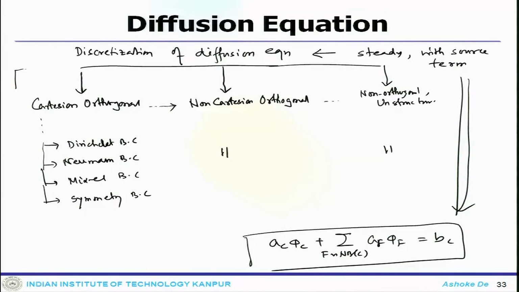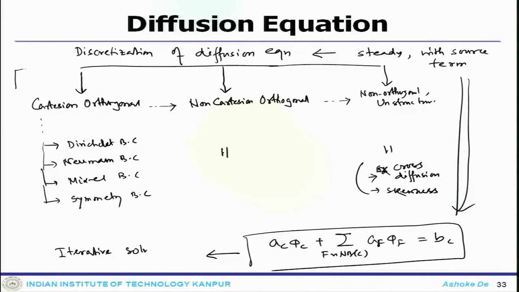When we talked about the non-orthogonal system, we came across the important term, the cross diffusion term, which is an important contribution, then skewness, and then finally for this we talked about the iterative solution process, or the convergence and the stability of the process.